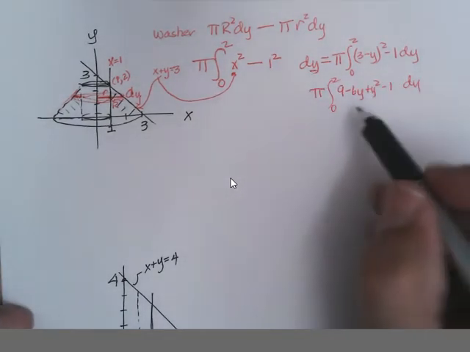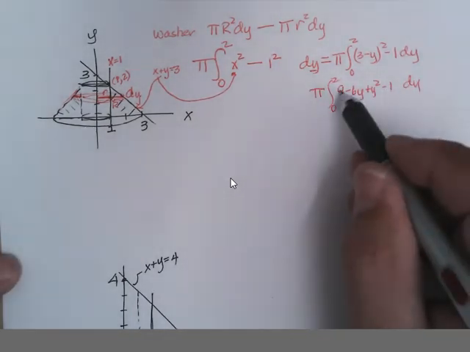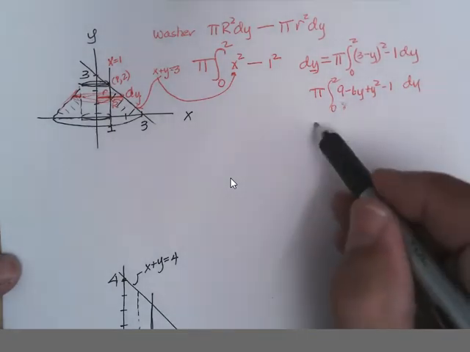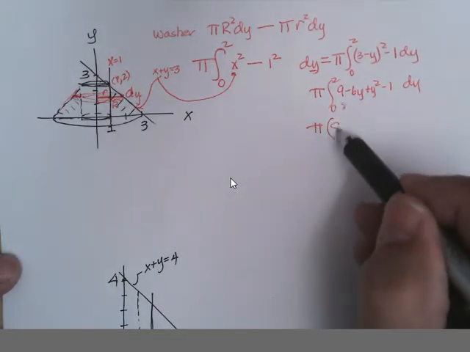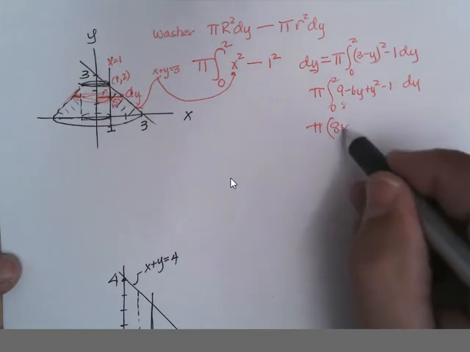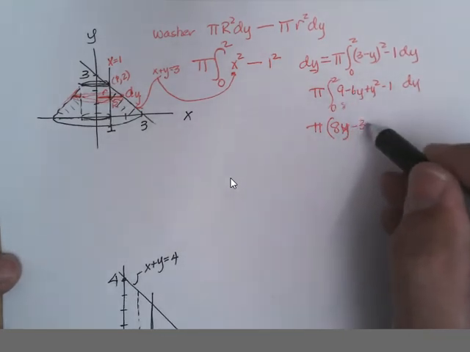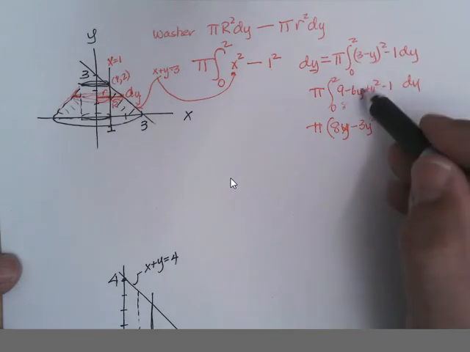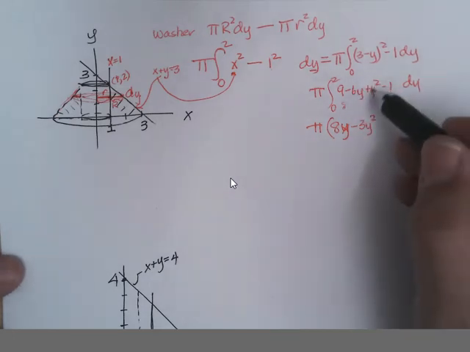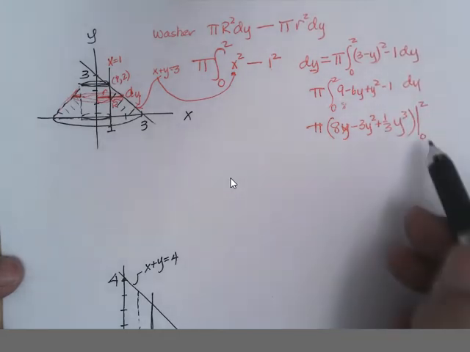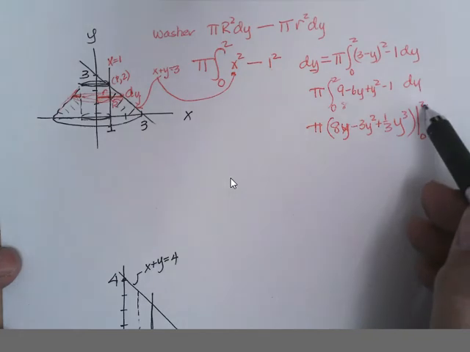And if I continue with this, see, 9 minus 1 is 8. And I do the antiderivative, I'm going to get pi times 8y, because I'm doing y's, minus 3y squared, because it goes to 2 and divide by 2. And this goes to 1/3 y to the third, evaluated from 0 to 2. 0 is not going to create anything, so it's all going to come from the 2.